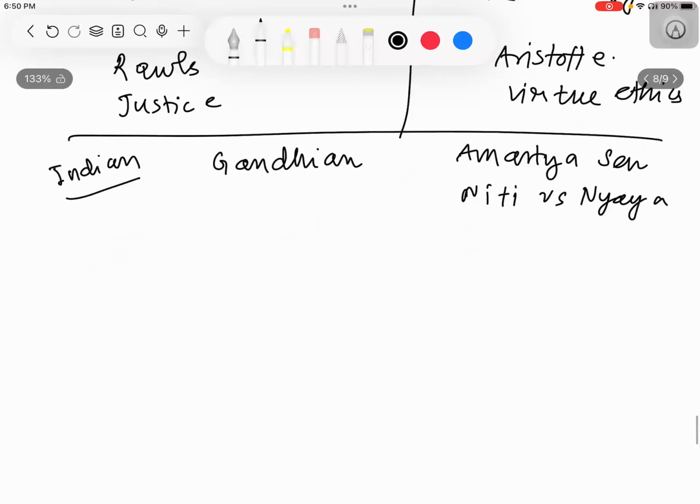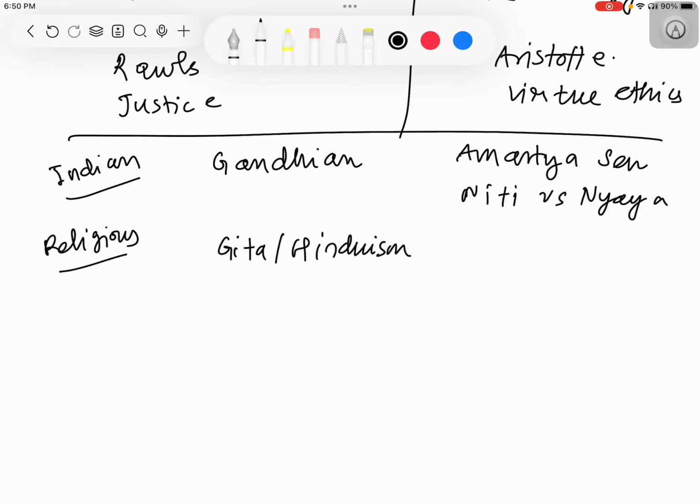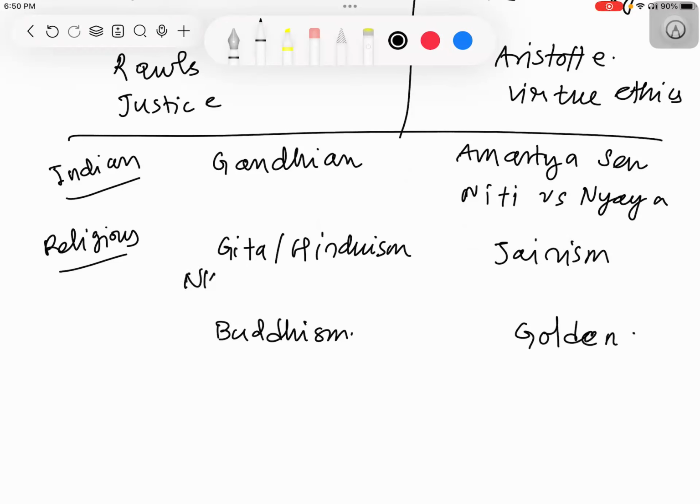We had talked about different religious perspectives, with examples from the Gita or Hinduism, from Jainism, and from Buddhism. From the Gita we discussed Nishkama Karma. In Jainism we discussed Anekantavada and Syadvada. In Buddhism we discussed the Madhyamaka Marga or middle path.